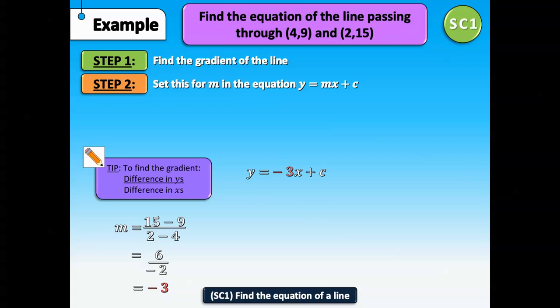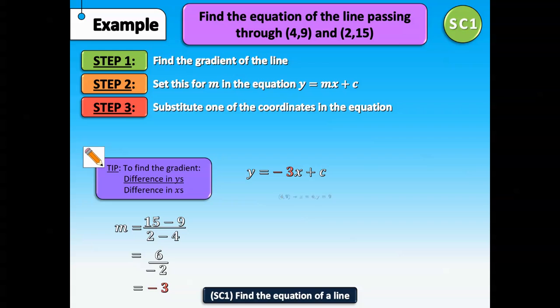So we can put this into the equation of our line. So y equals minus 3x plus c. And now we just need to work out what c is. So we can substitute one of the coordinates, it doesn't matter which one, into our equation. So I'm going to substitute (4, 9) in. So that means x equals 4 and y equals 9.